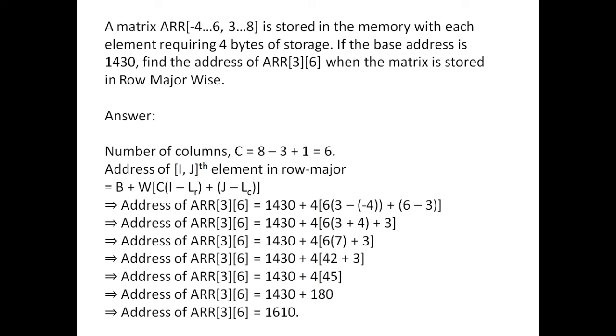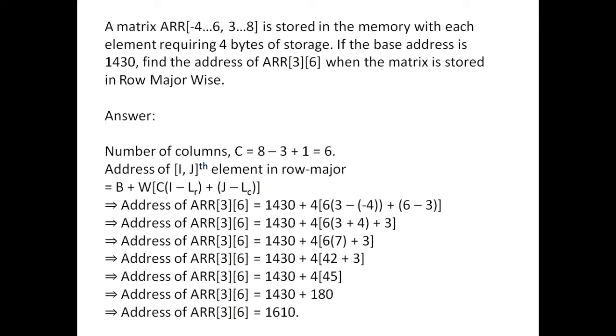IJ we got. Now what are the lower row and lower column? Lower row means the starting of the row, that is -4. Lower column is the starting of the column, that is 3. Okay children, this part is very important. How will you get the number of columns and number of rows?